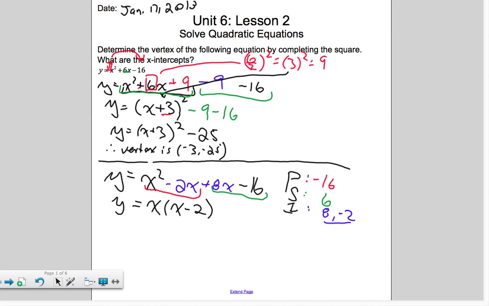Yeah, so I want to factor out positive 8, and I'm left with x minus 2. So now we have y is equal to, I'm going to factor out now the common binomial of x minus 2. We'll have x plus 8.